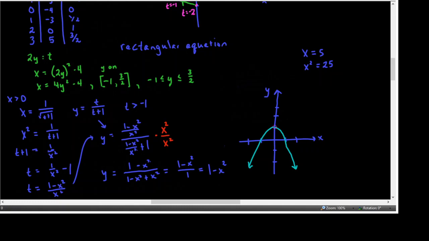And x can only be positive. So the part of the graph we're actually going to use is what I'm graphing right now in pink. The original light blue one is not going to be used in its entirety. We're only keeping the part of it where x is greater than 0. So that restriction had a huge impact on the graph that we got.